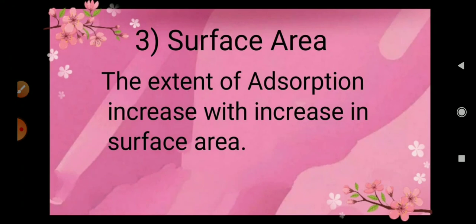Powdered adsorbents adsorb more readily because they have greater surface area. So we can say that the extent of adsorption increases with an increase in surface area. And this point is common in all types of adsorption, that is physical, chemical, and from solution also.